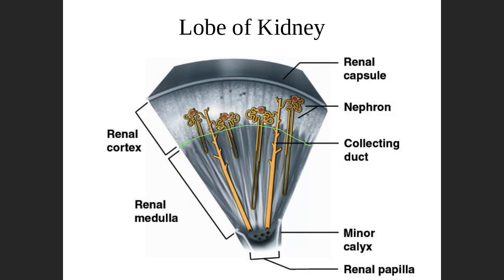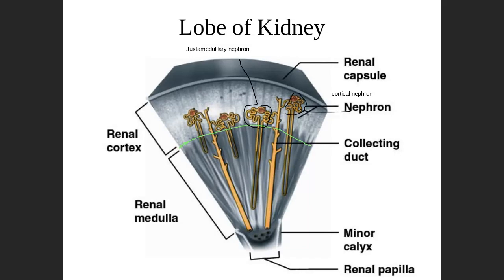Whereas the nephron up here, you see this one, is known as the cortical nephron. I will point out for you later what some of the differences are between the juxtamedullary nephron, which is this one right here, versus this one right here, the cortical nephron.